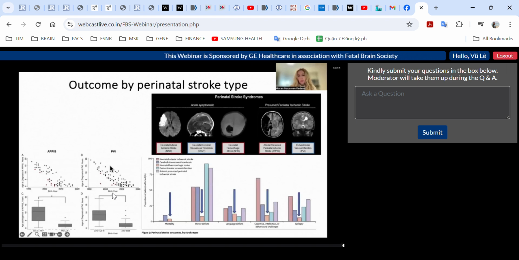The data in this slide is mainly taken from postnatal neonatal ischemic stroke, but still it is important to note that the motor outcomes are different between different types of stroke. So for PVHI, highlighted in blue, the rates of motor disabilities are extremely high, but there are fewer language and cognitive disabilities and less occurrence of epilepsy. So these children with PVI typically have largely normal cognition, but they will develop hemiparetic CP. And what you can appreciate is that those with neonatal hemorrhagic stroke, highlighted in orange, have a better prognosis.